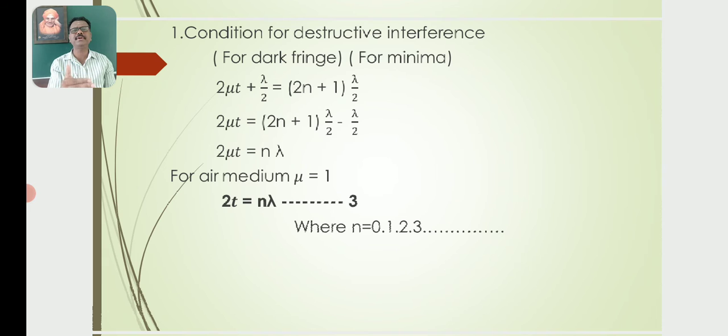Then 2 mu t is equal to n lambda. For the air medium, the refractive index mu is 1, so 2t is equal to n lambda. Let this be equation number 3, where n is equal to 0, 1, 2, 3, 4, etc., taking integral values. This is the condition for destructive interference, the condition for a dark ring, the condition for minima.